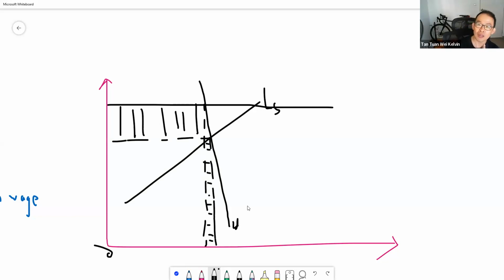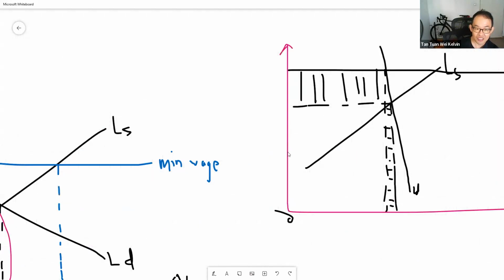The point of this graph is to show that if you draw a very inelastic labor demand, because it's very hard to substitute meat workers out of the production process, then you can say that the wage expenditure actually goes up. Can you see the difference between this graph and this graph here?